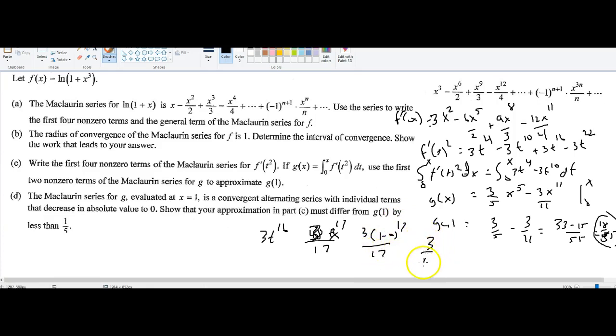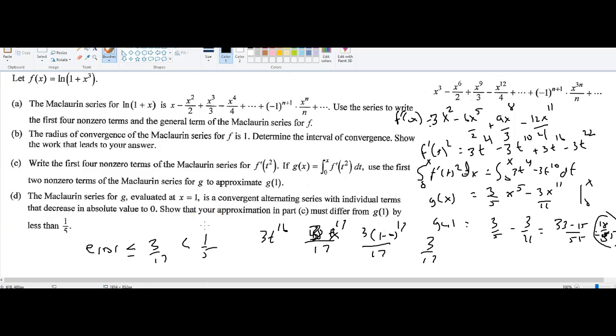So that's 3/17. So we would argue that the error is less than 3/17 by my proof, which is less than 1/5. So therefore the error must be less than 1/5 by our ruling.